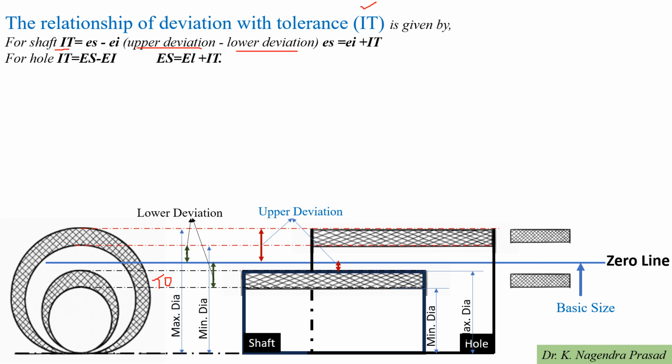So IT equals upper deviation ES minus lower deviation EI. From this equation it can be written as ES equal to EI plus IT. Similarly for the hole, IT equals capital ES minus EI, then ES equals EI plus IT.